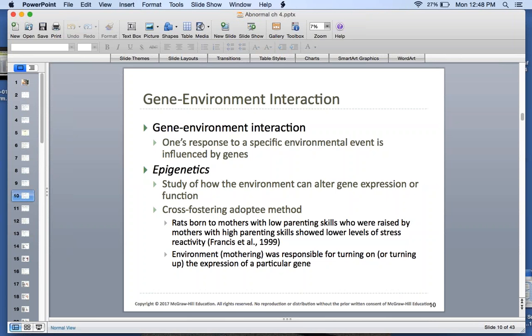Okay, so the environment, the mothering in this particular situation, was responsible for turning on or turning up the expression of a particular gene, or not turning it up, right? So cross-fostering adoptee method: we see biological traits, but then we put them in a different environment and see what happens then, okay?